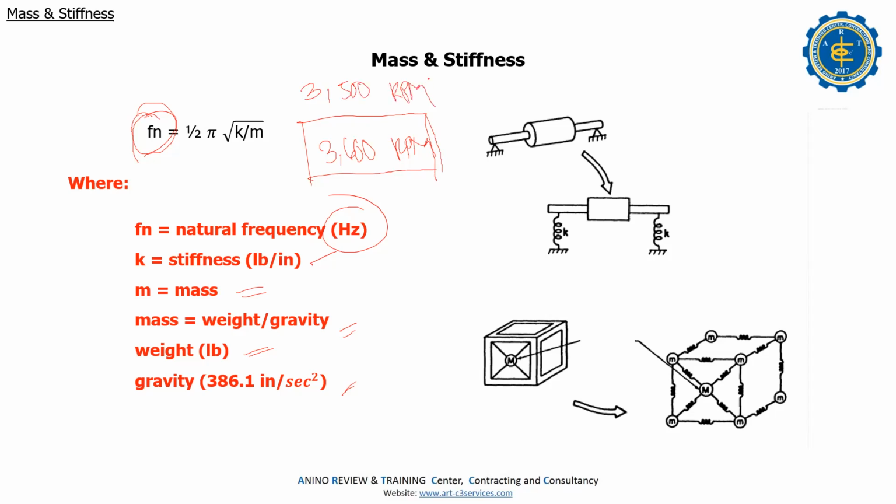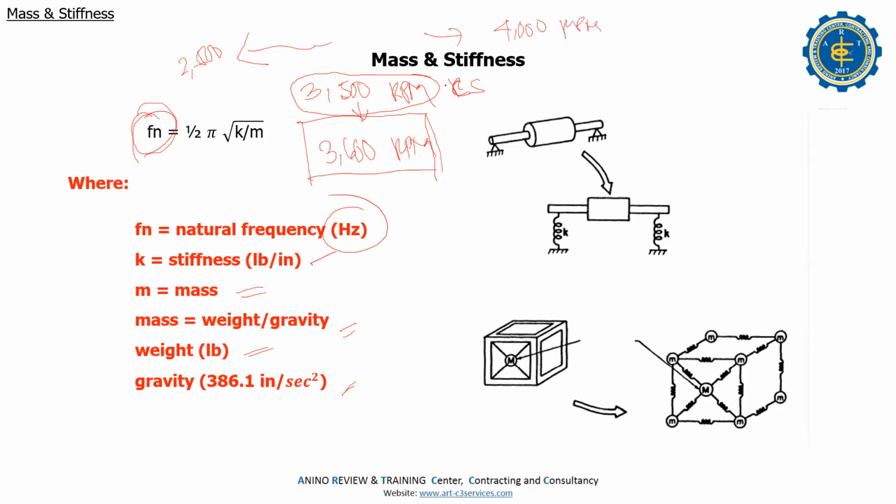So if your critical speed or natural frequency is near your normal operating speed, it is dangerous, right? So you must move away from it, either go down to maybe 2,500 RPM, or go beyond, maybe 4,000 RPM.